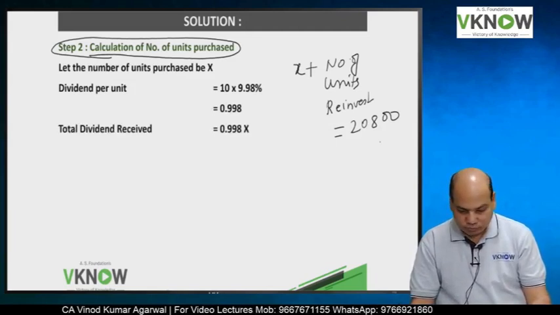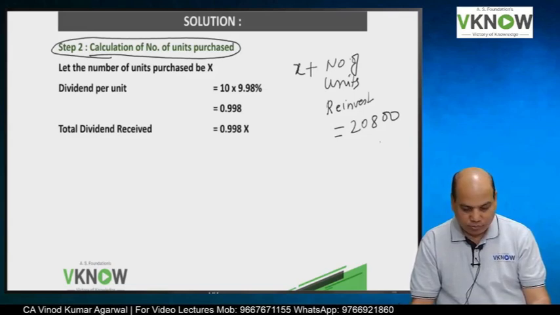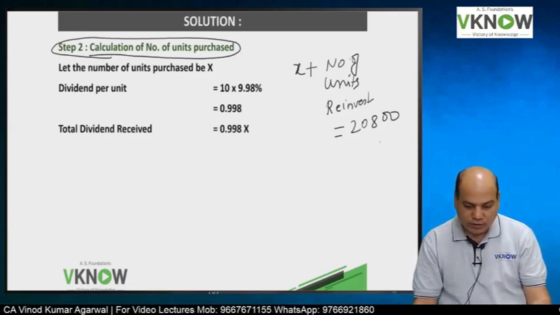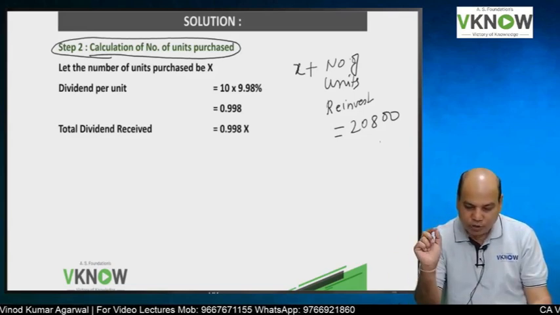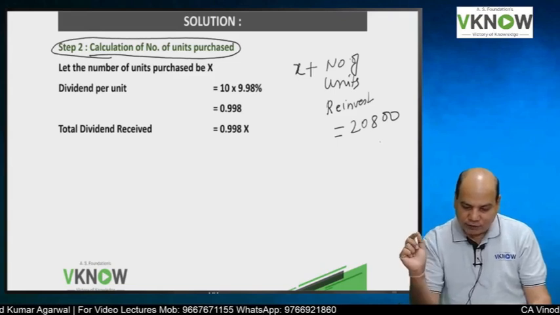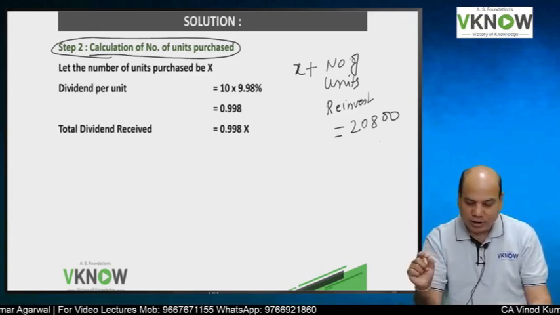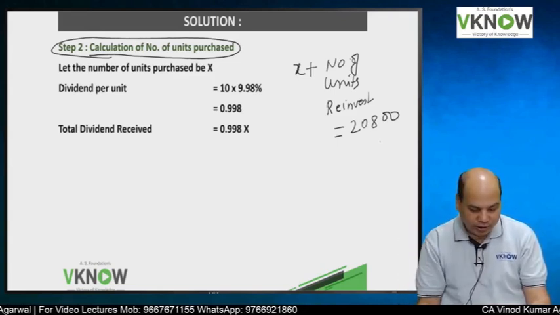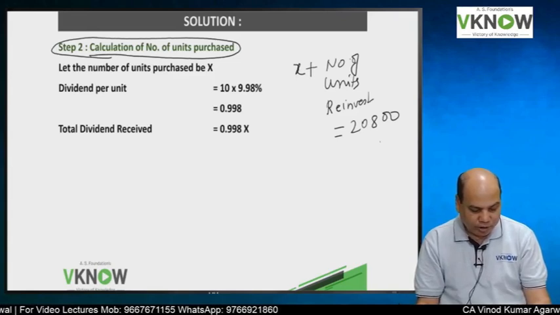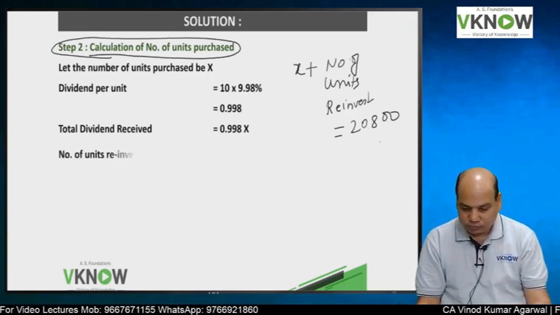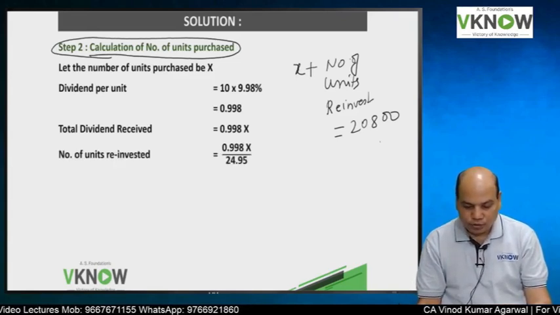Then total dividend received will be number of units X times dividend per unit 0.998, so 0.998x.